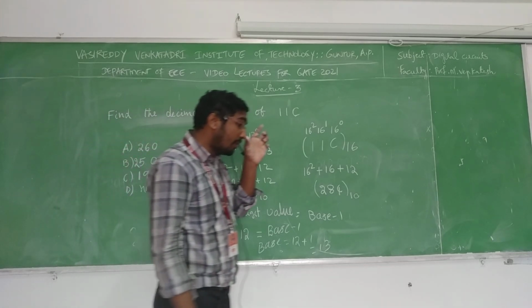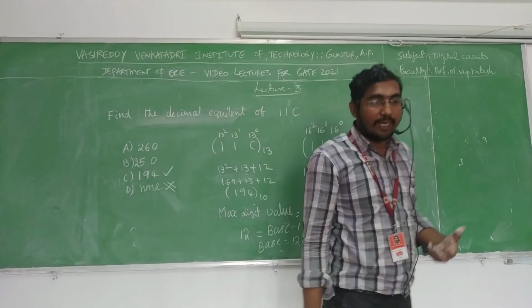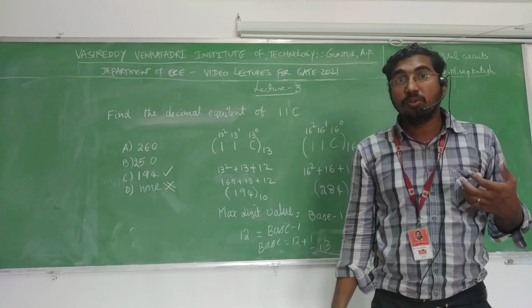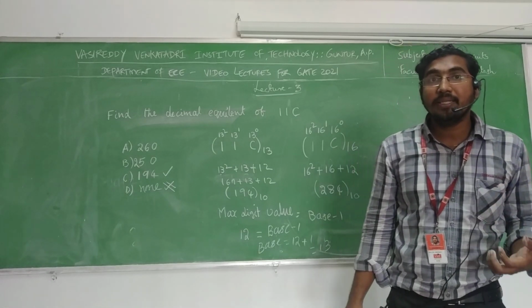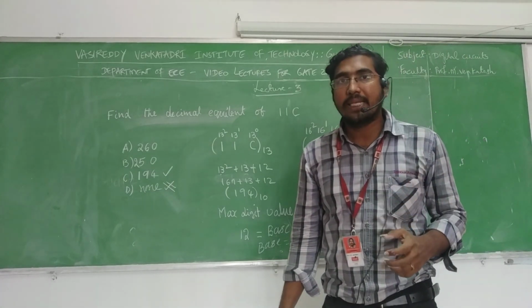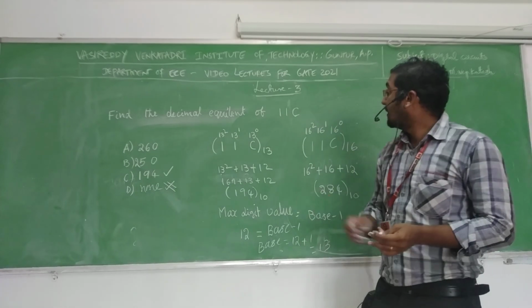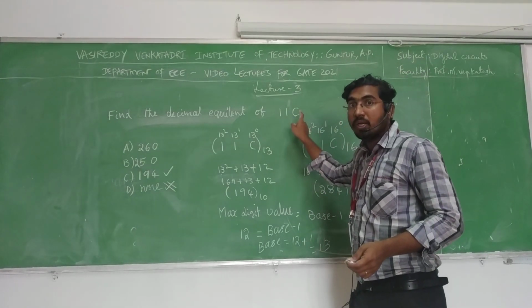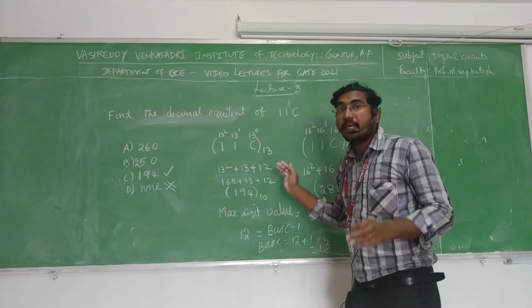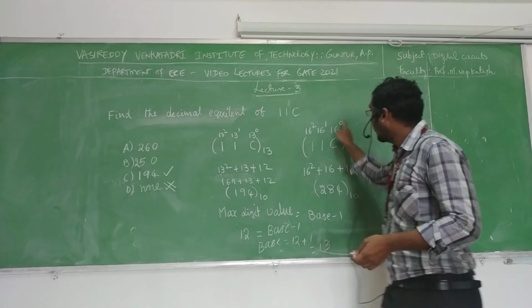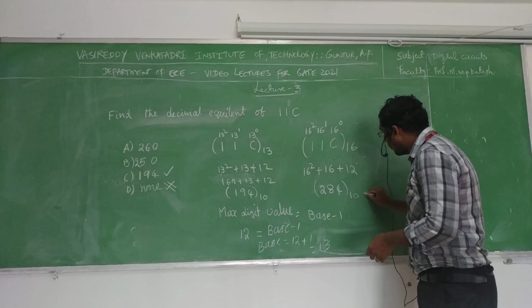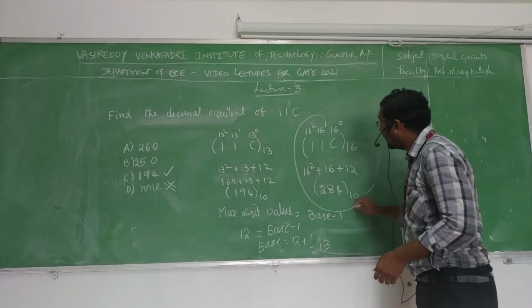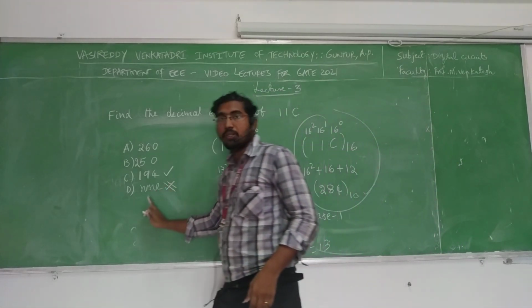So here in this problem, what they wanted to test is whether the student knows the relationship between base and maximum value. Try to understand. They haven't mentioned this 11C as base 16. There is a tendency that the student can consider it as hexadecimal and solve, but don't consider that as the result and choose none.